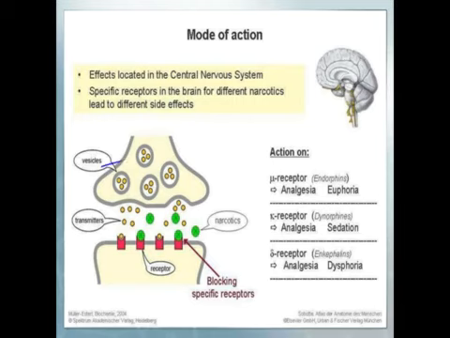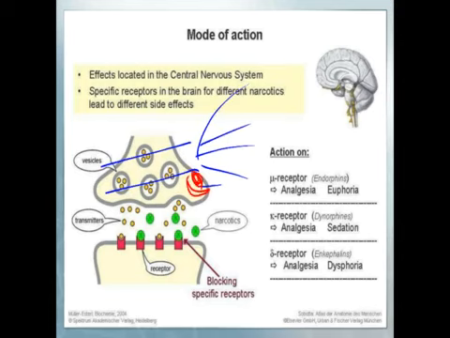Okay. So these are the presynaptic nerve terminals. Here generally the opioid receptor is present. At this part there is an opioid receptor present. Okay. So this is the postsynaptic neuron.